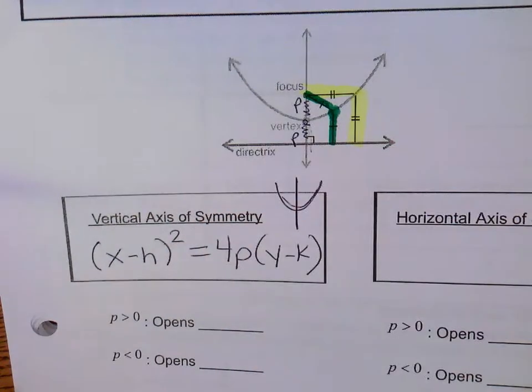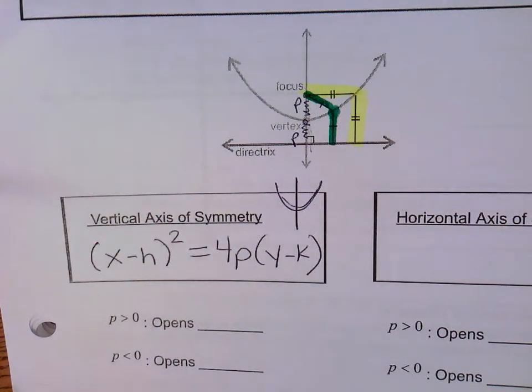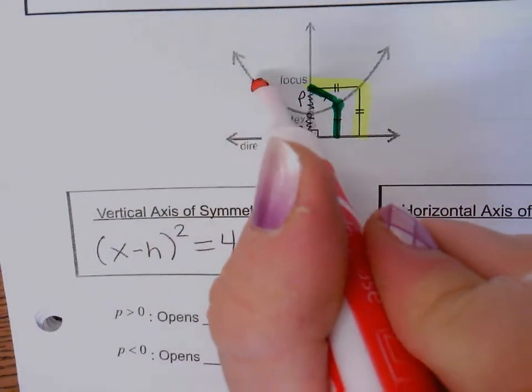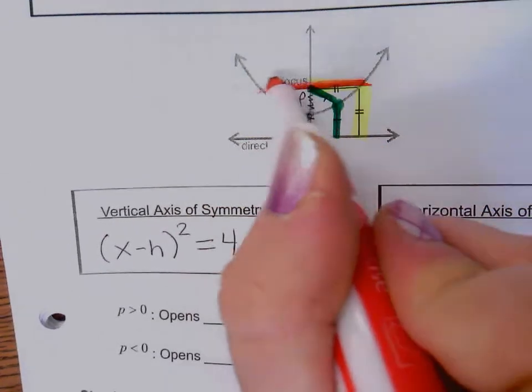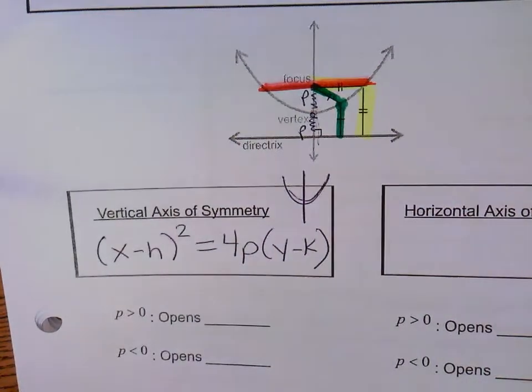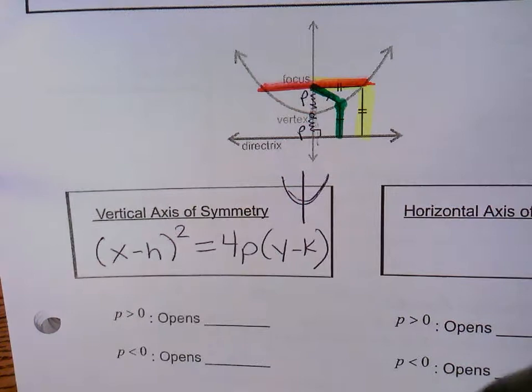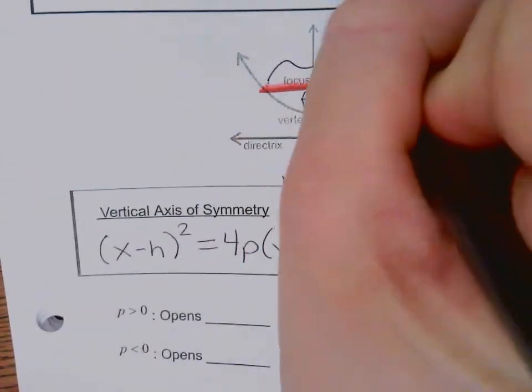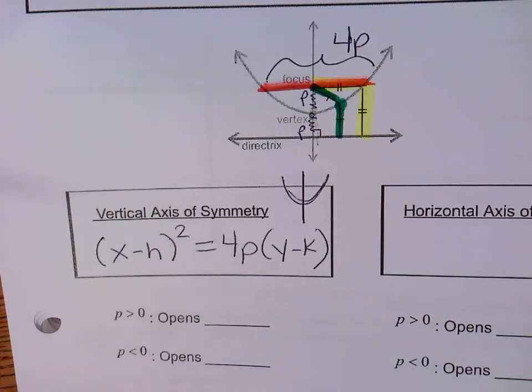And then all the way across this opening, does anyone study cameras or photography? This is called the focal width. And so you might have a focal lens in photography, and you can open and close your focal lens for lighting and stuff. So this total distance across is called the 4p value, the focal width of the parabola.